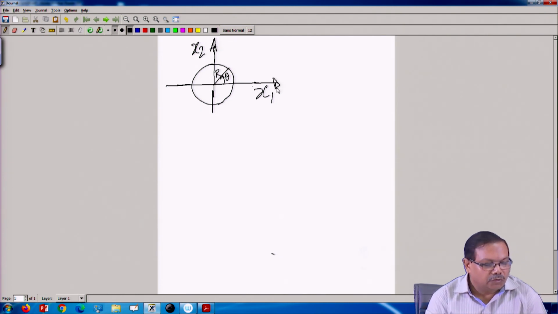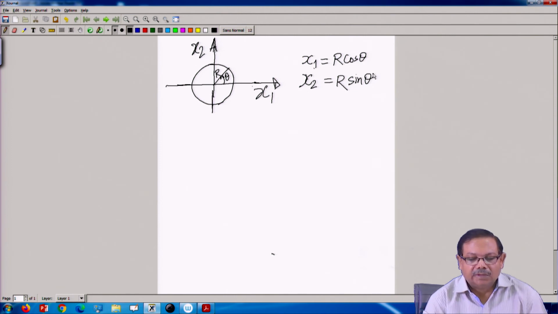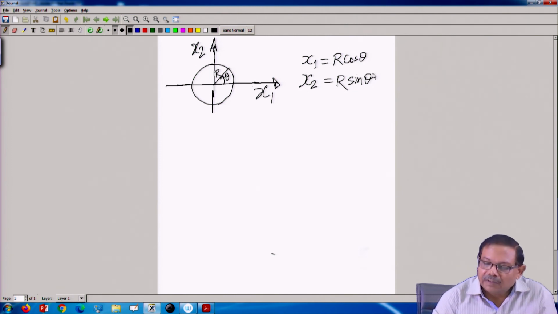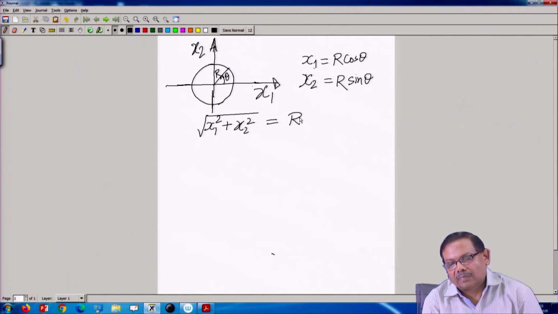So, we have x1 equal to r cos theta and x2 equal to r sin theta, and there is a constraint: x1 square plus x2 square equal to r square.